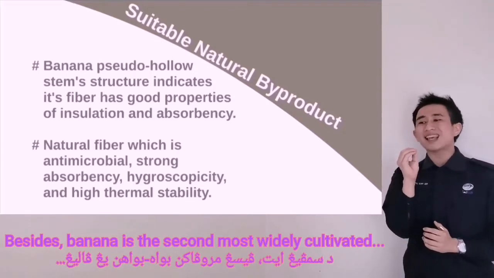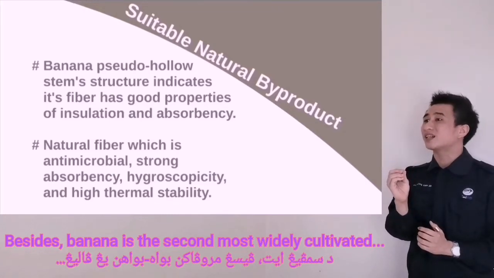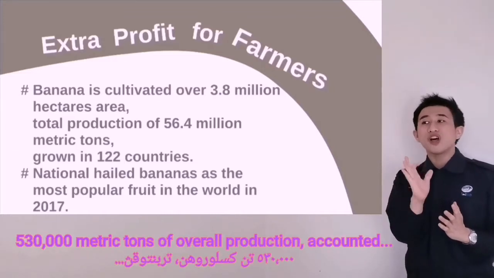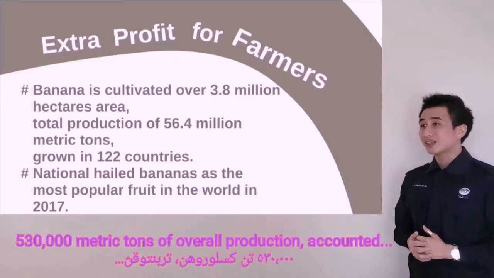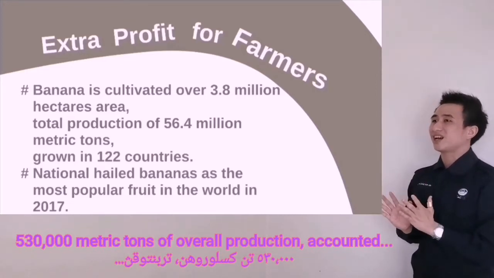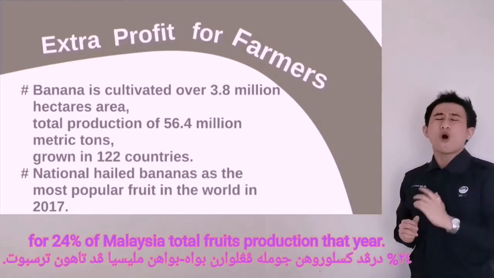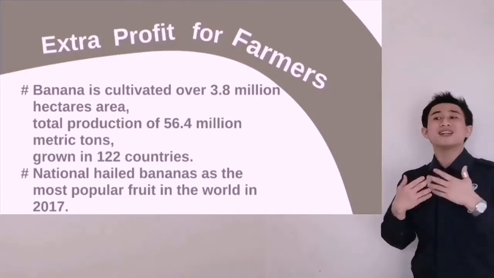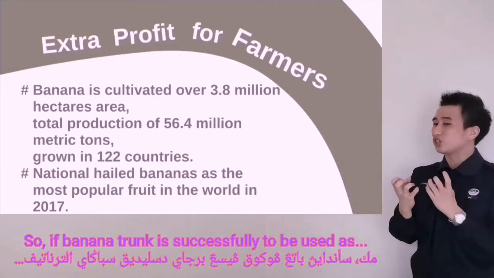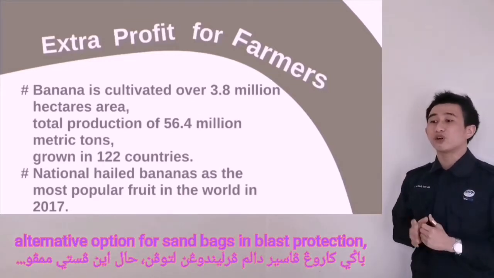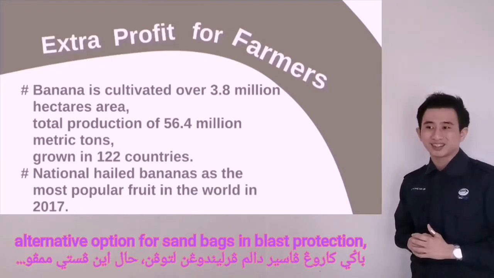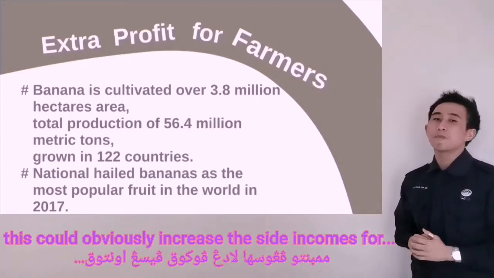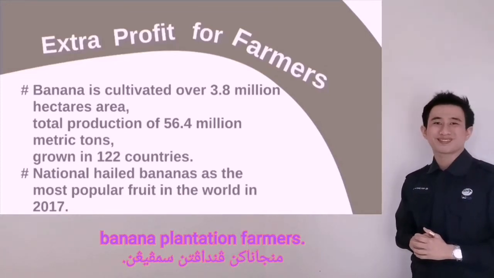Besides, banana is the second most widely cultivated fruit in Malaysia, covering approximately 530,000 metric tons of overall production, accounting for almost 24% of Malaysia's total fruit production that year. So if banana trunk can successfully be used as an alternative to sandbags in blast protection, this could obviously increase the side incomes of banana plantation farmers.